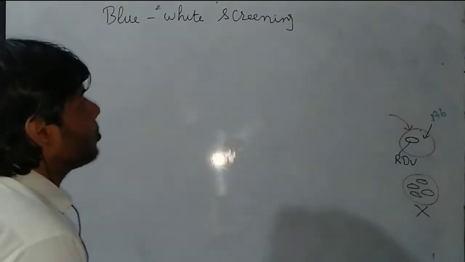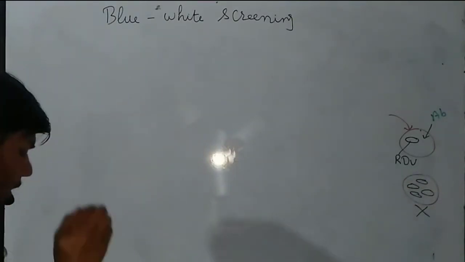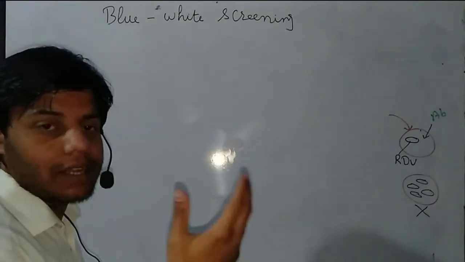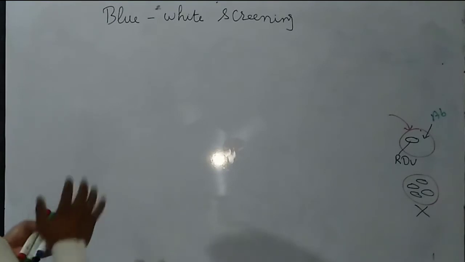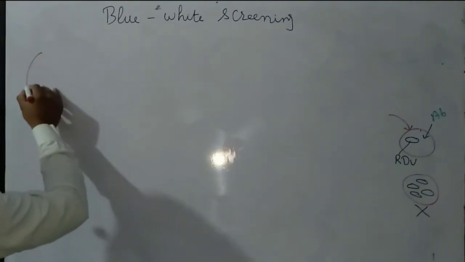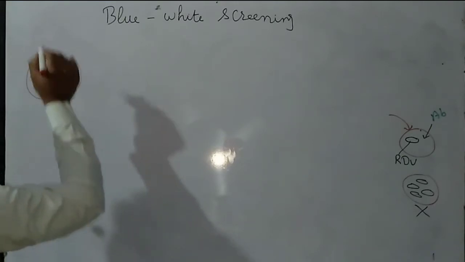Now, how can we perform this blue-white screening? In this case, there is a vector always available in the market. Let's suppose this is the vector. Okay.